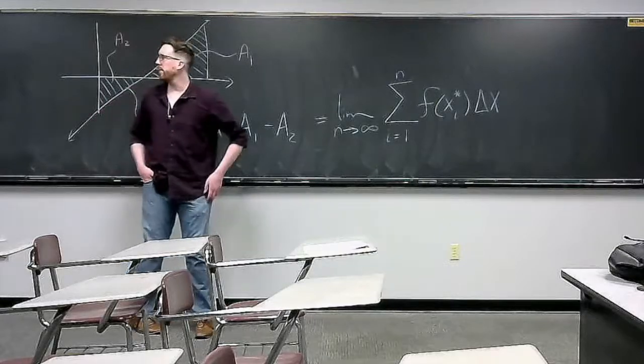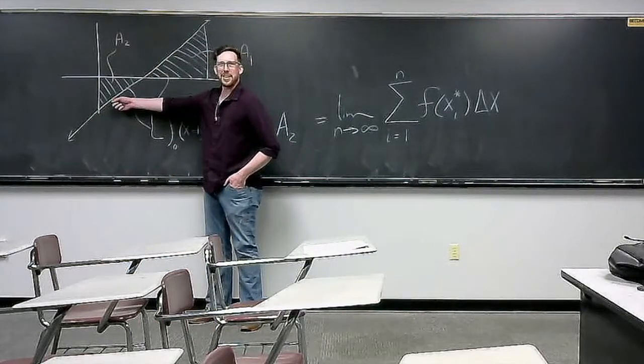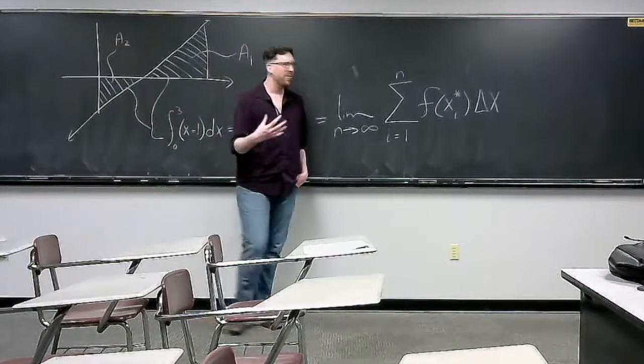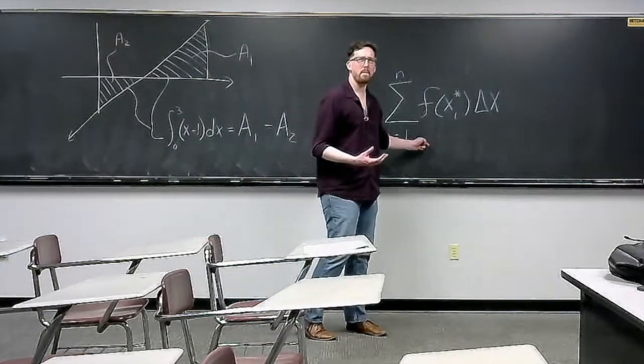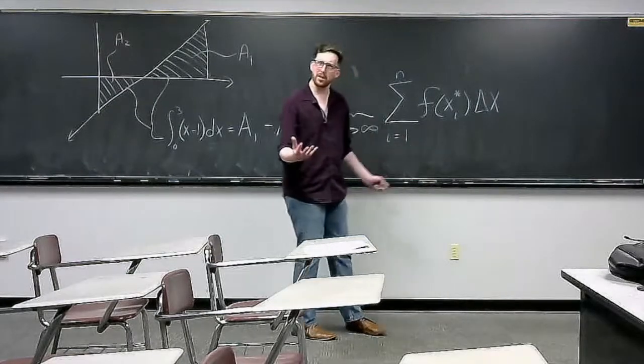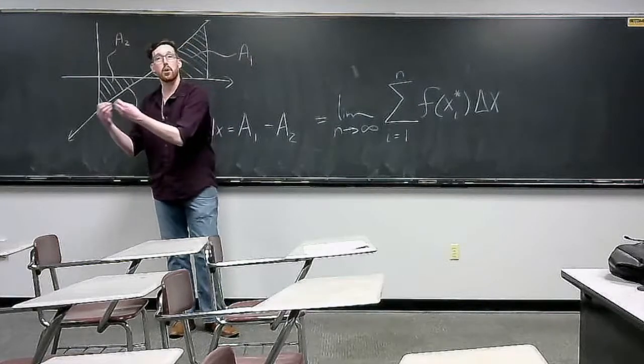But hey, notice down here, those heights are negative. So it's like this thing is measuring area, or at least a type of area, right? And that's because it is measuring a type of area.